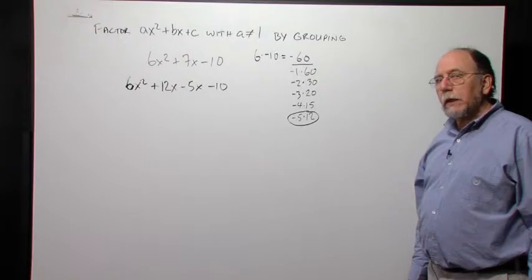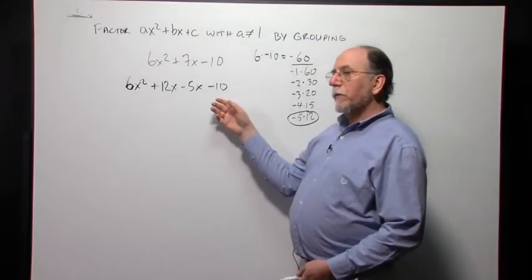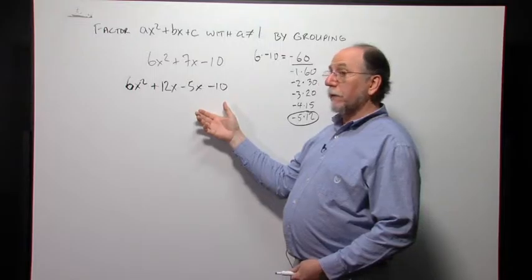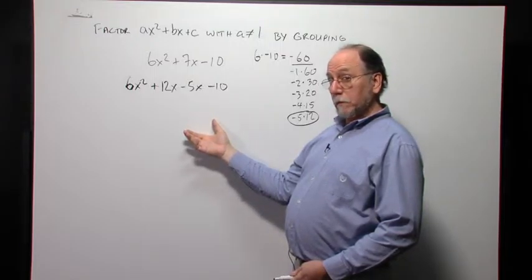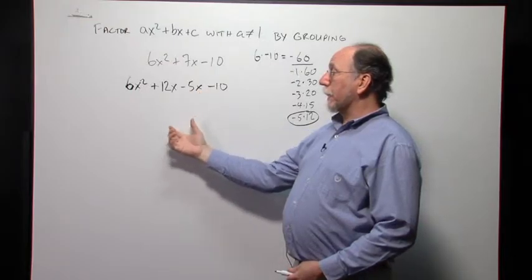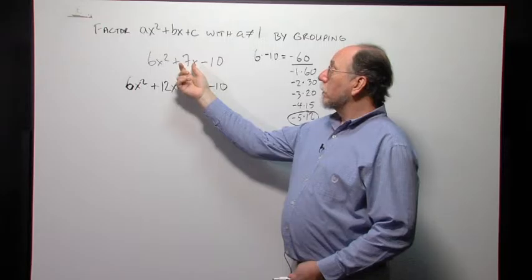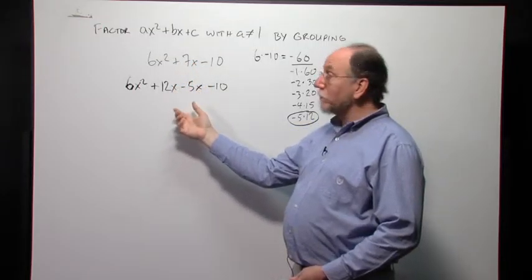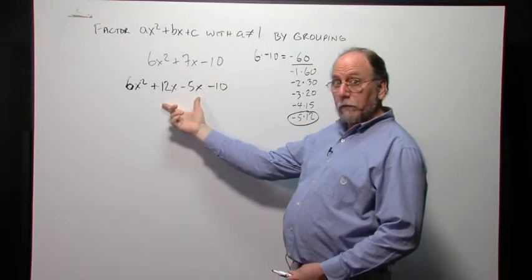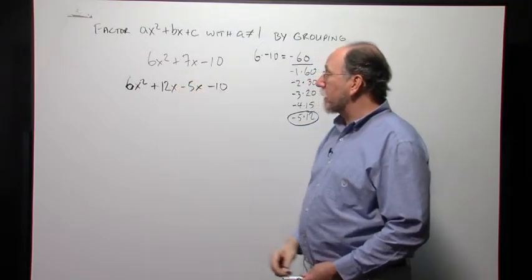So now we've rewritten that. And what's happening here really is, remember when we FOIL two binomials together, the factors we're going to get at the end are going to be binomials. One of the last steps of FOILing is to add the like terms that are in the middle. Okay? We're unfoiling this. We're separating that into two factors, two terms that would add up to 7x.